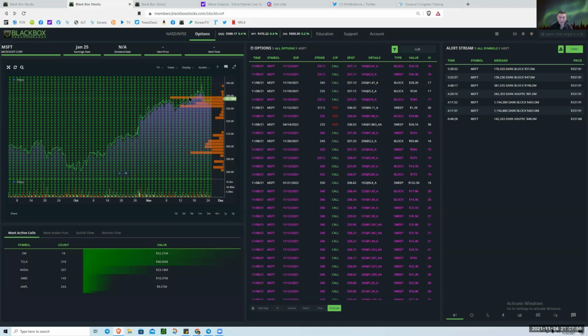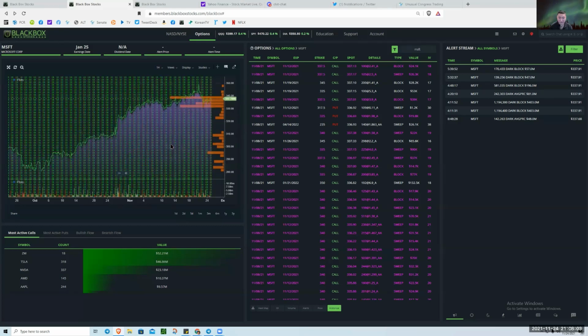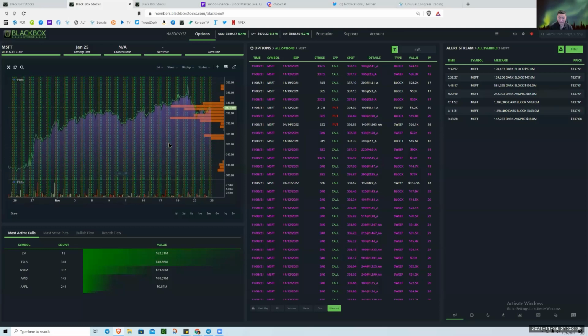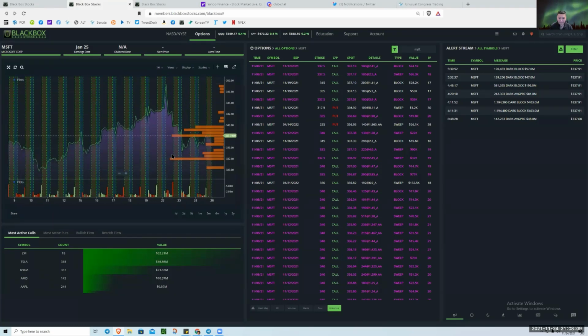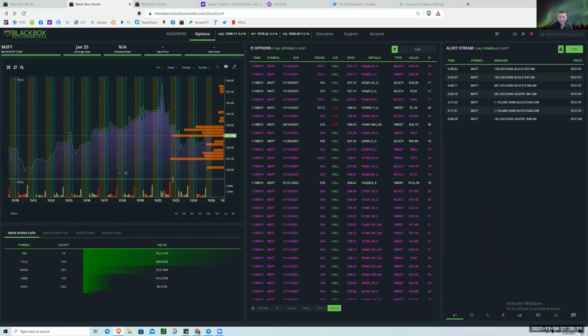In this chart, all of these things are the dark pool information. These are kind of old because the closer I zoom in, they disappear. Here's the dark pool activity, and I'm looking at basically from 330 to 340. That's the bulk of it right there.